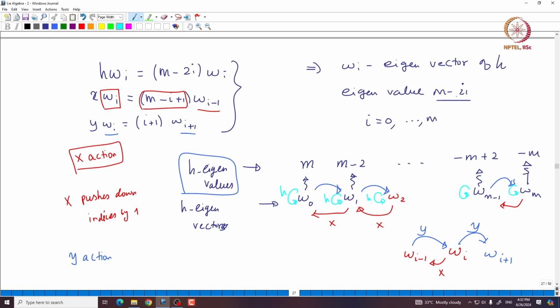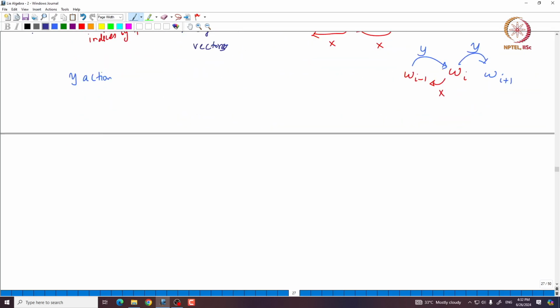Now, using this, one can immediately conclude that S_m must be an irreducible module. So here is the claim: S_m is indeed an SL2 irreducible representation.